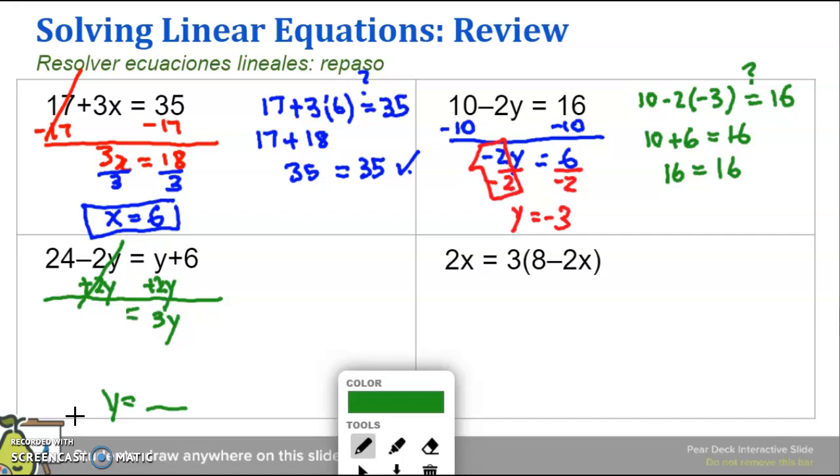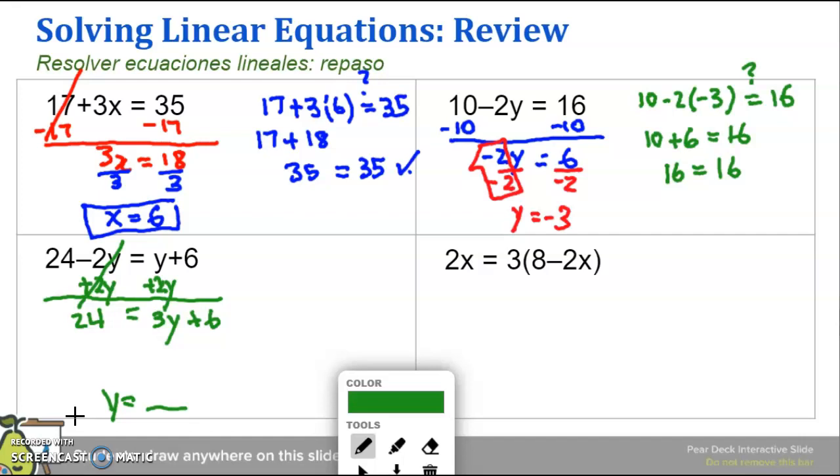So we have 3y on this side, and so far we have 24 is equal to 3y plus 6. Now again, we do not want the 6 here. Just the same way we didn't want the 2y on the left hand side, we don't want the number next to the variable.